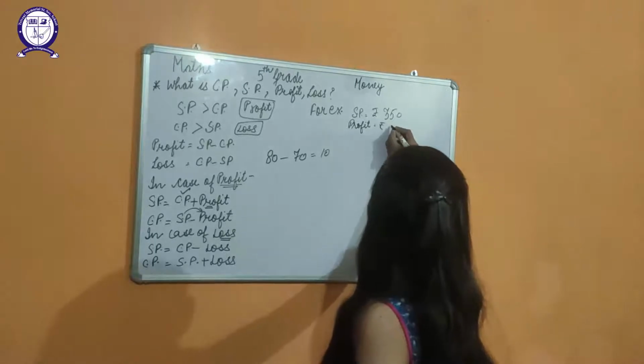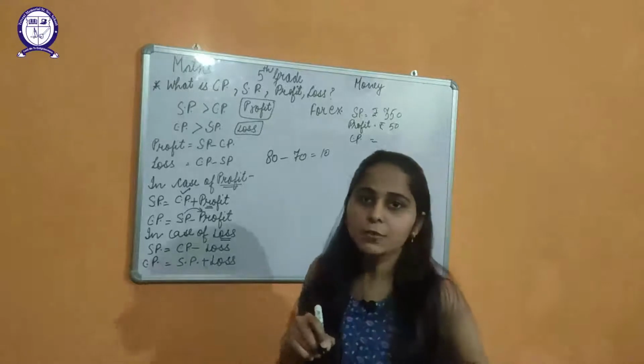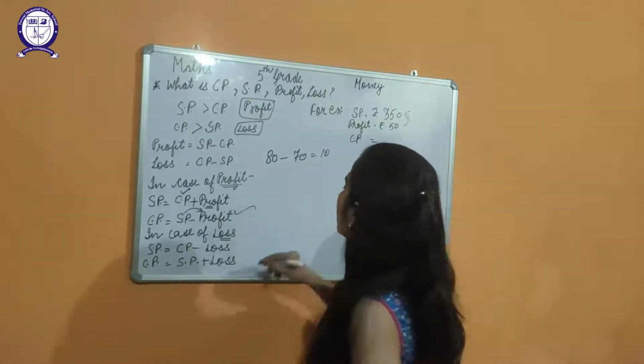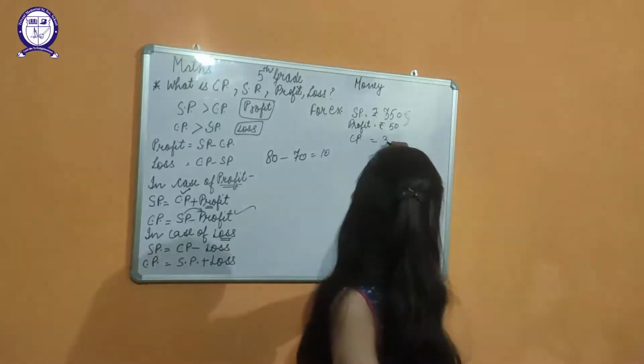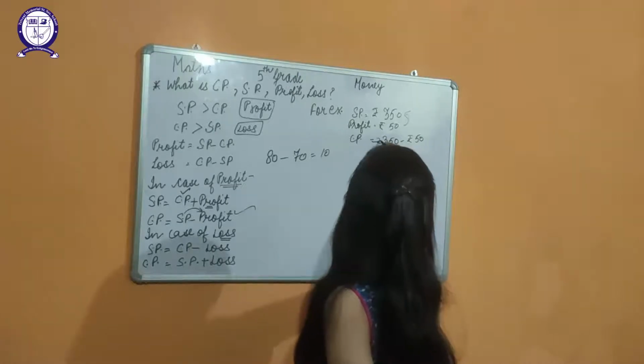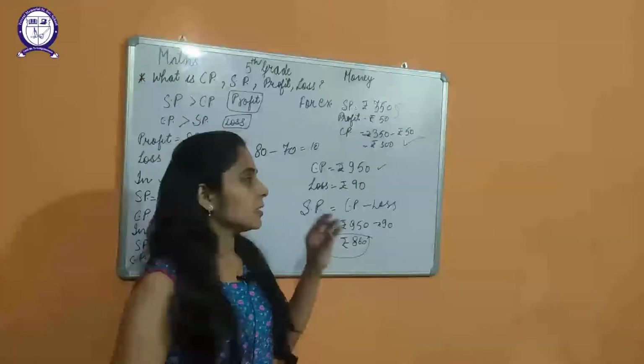It means, what is the CP? Obviously CP will be less than SP in the case of profit, so you will subtract profit from SP and find out the CP at which the shirt was bought. So rupees 300, like this. So this is about the case of profit.